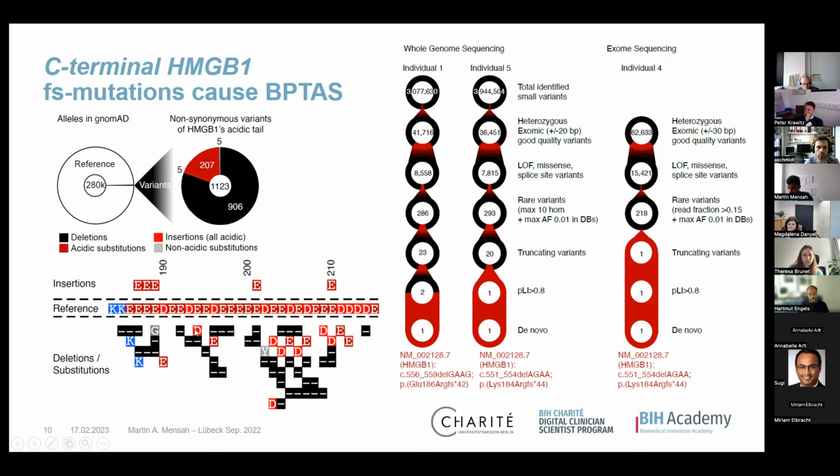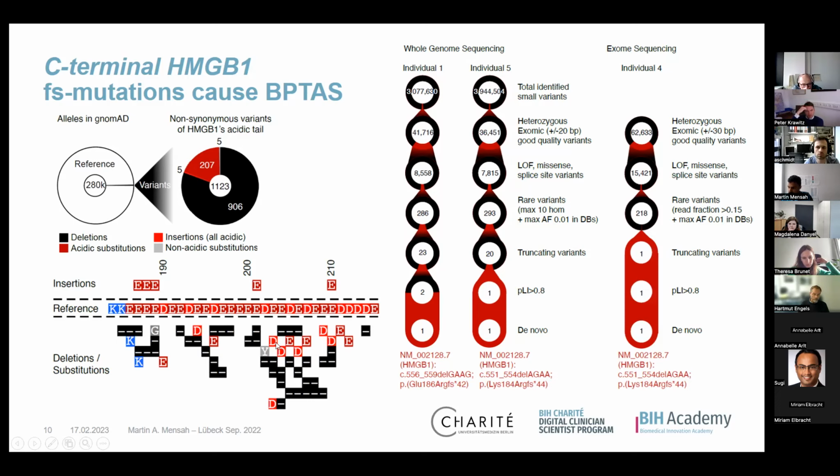Some are substitutions, those 207, but they only turn glutamic acid into aspartic acid or the other way around. So they again do not change the acidic nature of that tail. Then there are 5 variants in gnomAD that are non-acidic and no deletions. They are distributed among 2 alleles, 2 variants, those 2.